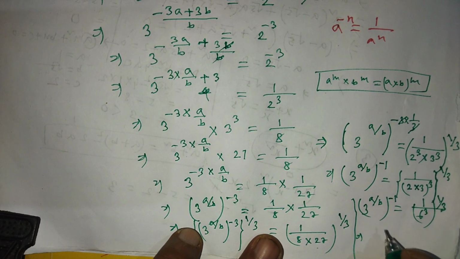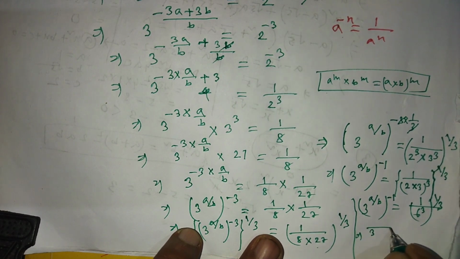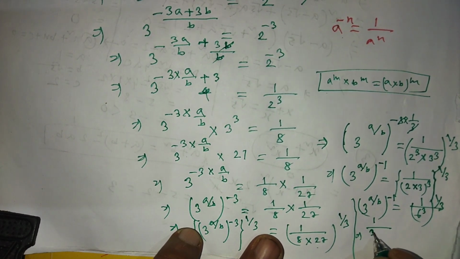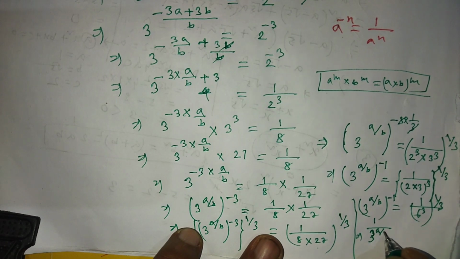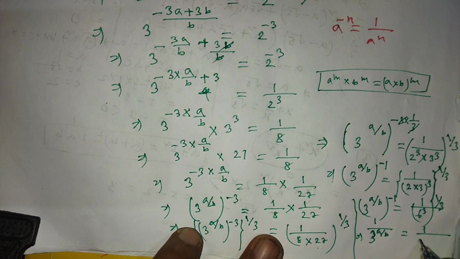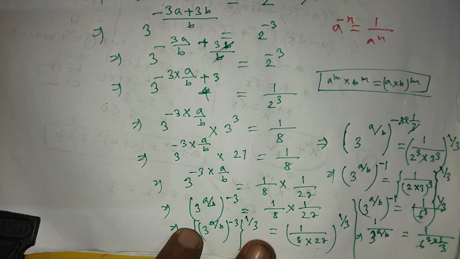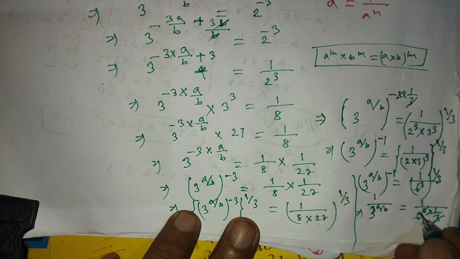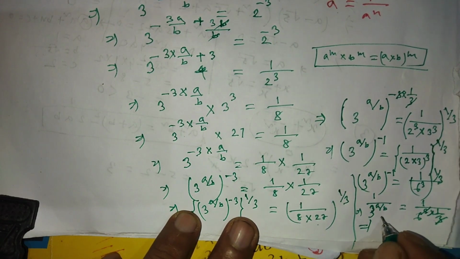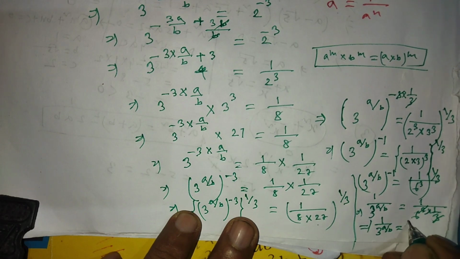So again we write 1 over 3 to the power a over b is equal to 1 by 6 to the power 3 into 1 by 3. Okay, so 3 cancels. So student, 1 by 3 to the power a over b is equal to 1 by 6.